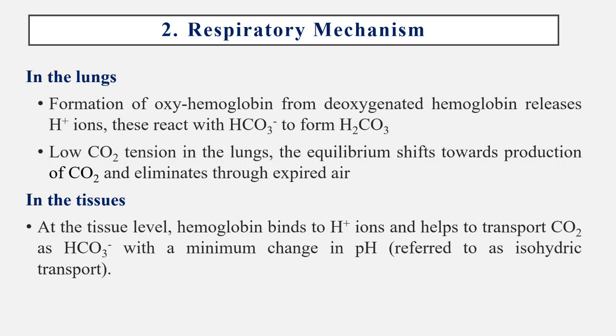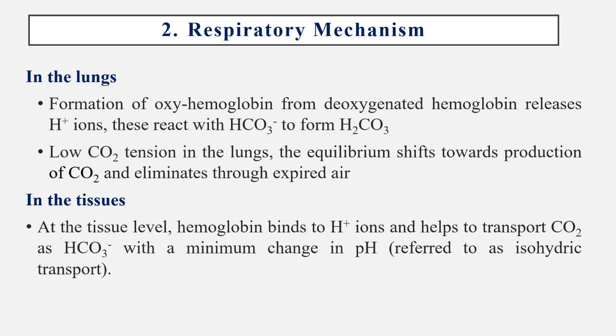Next, coming to the respiratory mechanism. In the lungs, this is the second line of defense. In the lungs, the formation of oxyhemoglobin from deoxygenated hemoglobin releases hydrogen ions. This reacts with bicarbonate to form carbonic acid.